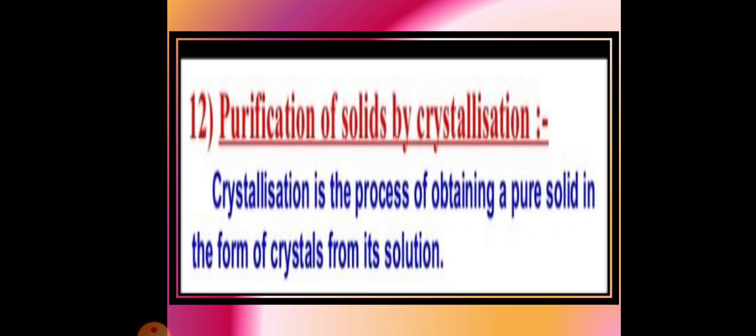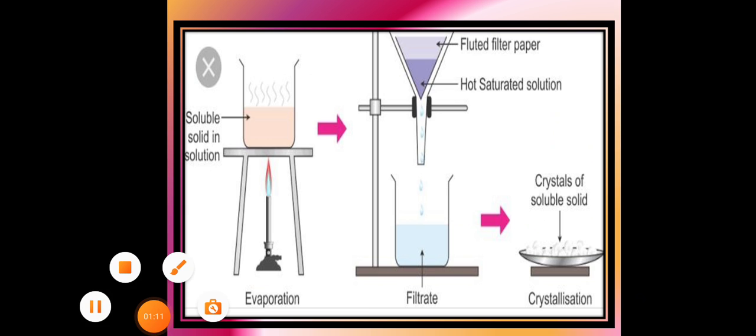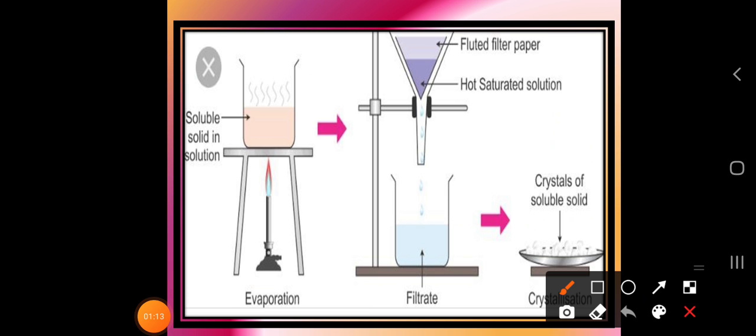Let us understand the crystallization process. Here we have a soluble solid in solution. Take any solid and dissolve it in a small amount of water, then evaporate it with the help of a burner. After the evaporation process, go for filtration.